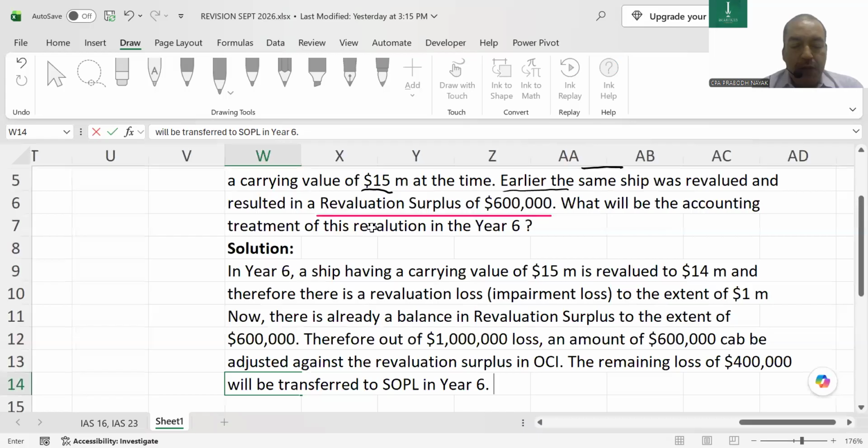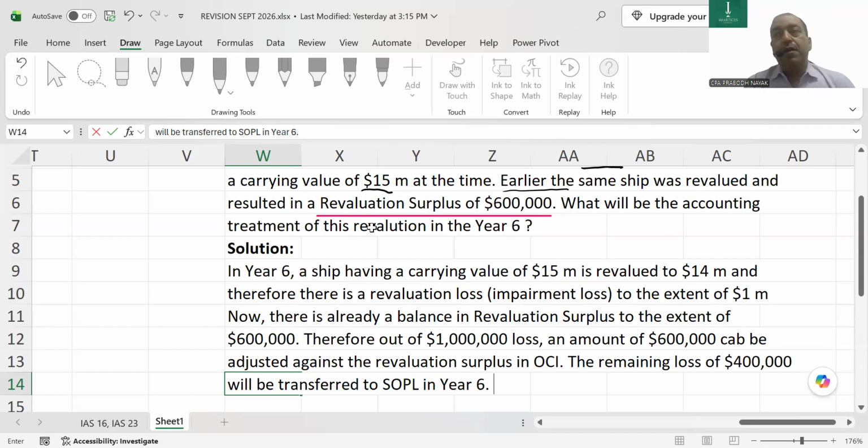Okay. So suppose the points which were discussed in your session 3A, where we discussed entire IAS 16, उसमें प्रॉपर्टी प्लांट एंड इक्विपमेंट के बारे में बात किया था, डेप्रिसिएशन के बारे में बात किया था, रिवैल्यूएशन के बारे में बात किया था, रिवैल्यूएशन होने के बाद डेप्रिसिएशन आएगा तो क्या करना है, देन एक्सेस डेप्रिसिएशन की भी बात हो गई थी, that if there is excess depreciation, we can adjust it out of the revaluation surplus to retained earnings.